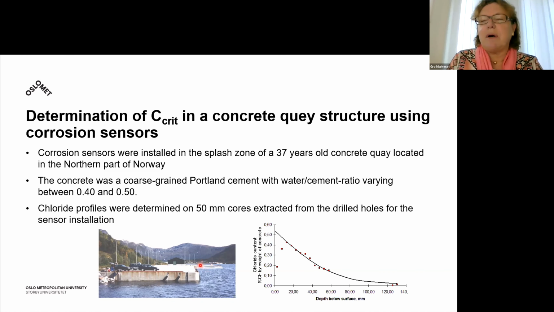And we found out by testing in the laboratory, based on core samples, that the concrete was a coarse grained Portland cement with a water cement ratio varying between 0.4 and 0.5. And as indicated here, when we drilled out for the corrosion sensor installations, we had cores of 50 millimeter in diameter, where we could perform chloride profiles as illustrated here. So then we know the chloride profiles in different locations of the structure.